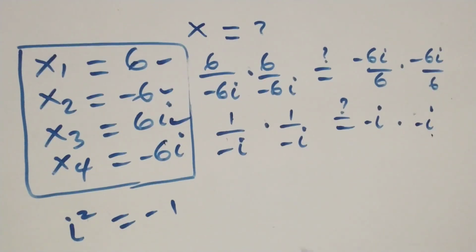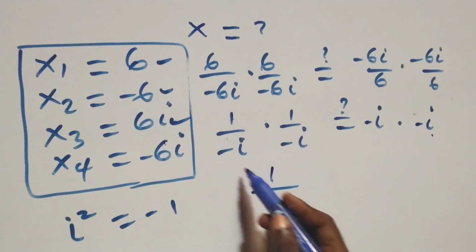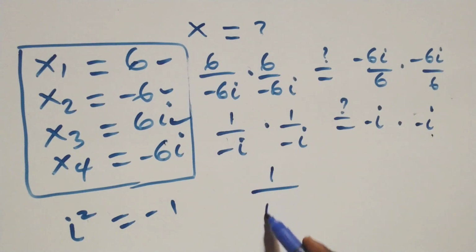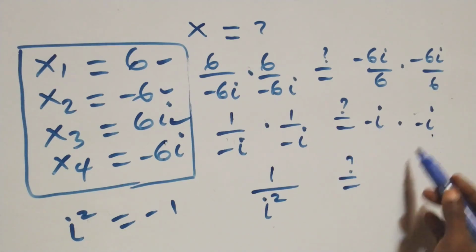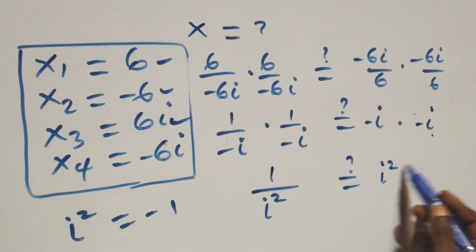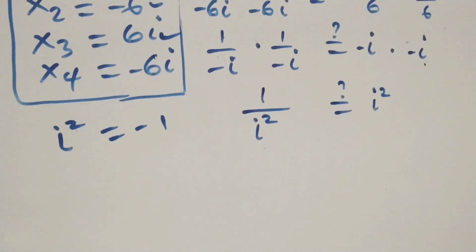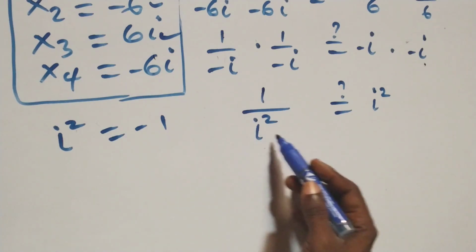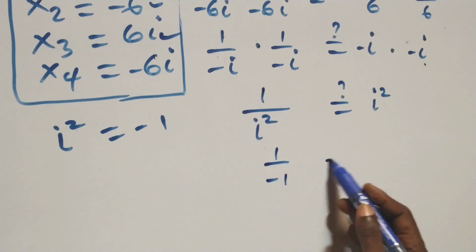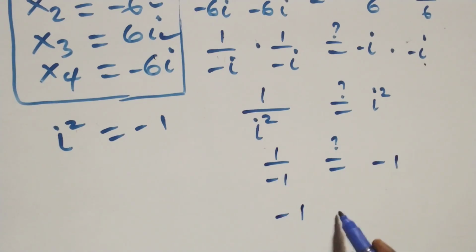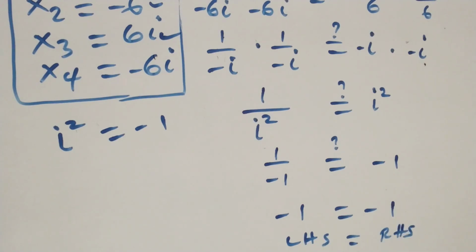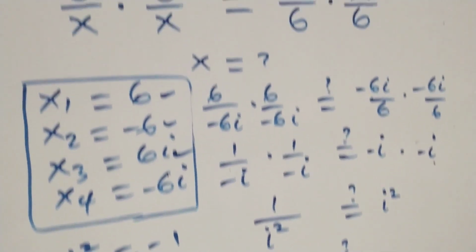Then here 1 times 1, that's 1, over minus i times minus i becomes plus i squared, is equal to minus i times minus i, that's also plus i squared, which implies i squared is minus 1. Then we have 1 over minus 1 is equal to minus 1. And 1 over minus 1 is minus 1, which is equal to minus 1. Also, left hand side equals the right hand side. Hence, minus 6i also satisfies this given problem.